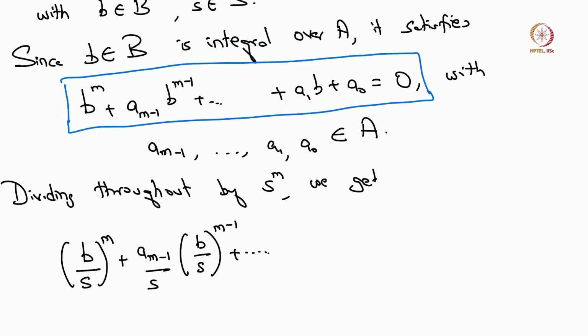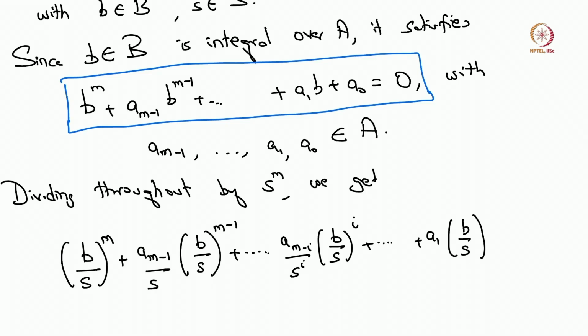And in general, the general ith term of this monic equation looks like b over s, the whole raised to i, and what's left is a_{m-i} divided by s to the m minus i, and that goes on up to b over s times a_1 over s to the m minus 1, plus a_0 over s to the m, equals 0.